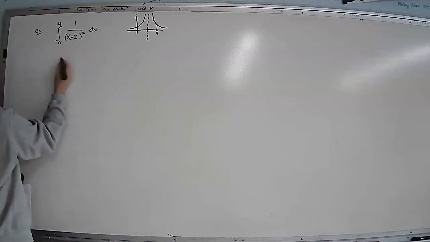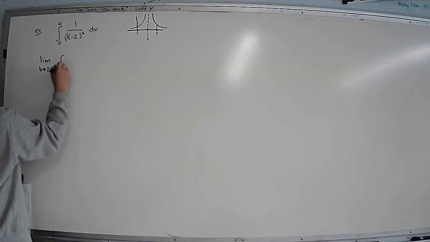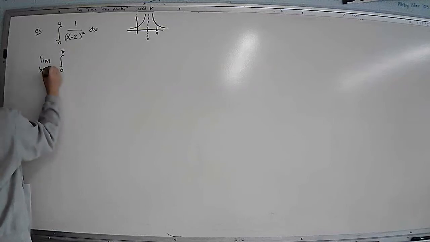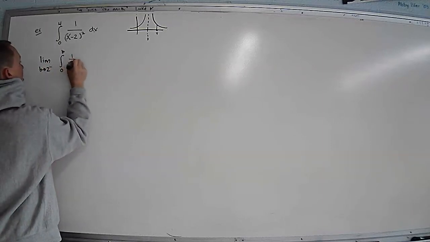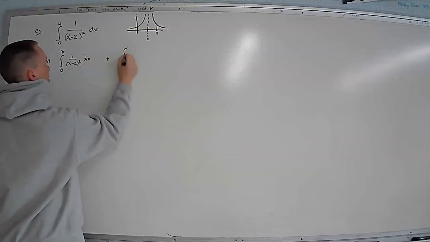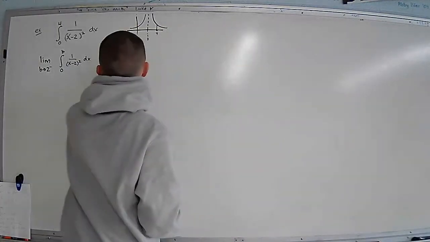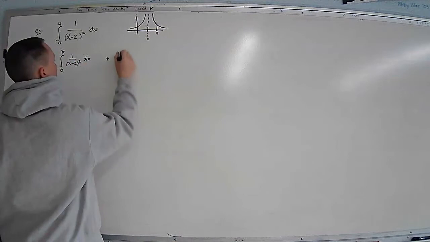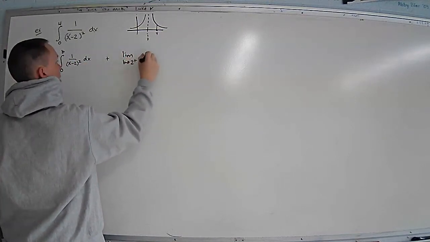So we'll set this up like the limit as b goes to 2 from 0 to b. And I'm going to actually put from the left there. If you don't put that, I'm not going to freak out. And then I'm going to add to that the limit as b goes to 2 from the right.